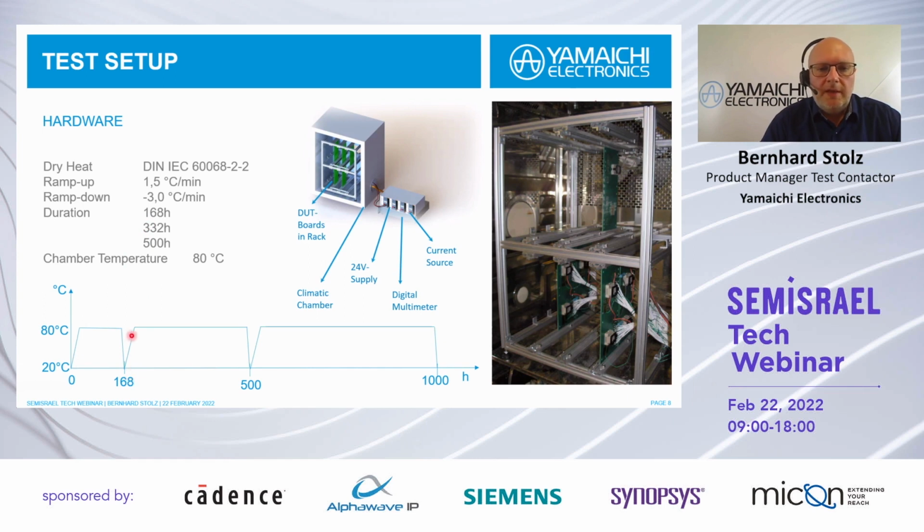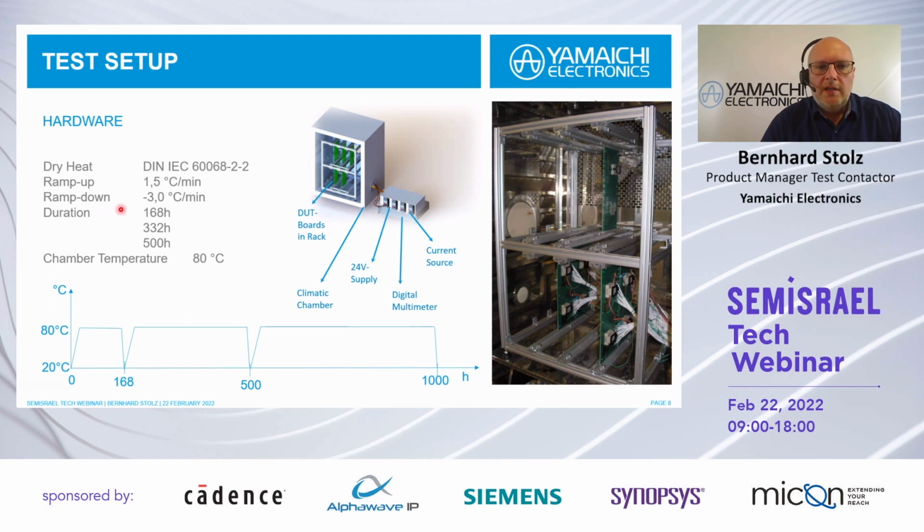Then we repeat this until 500 hours, and then the next period is until 1,000 hours. The temperature in the chamber is set to 80 degrees. This is mainly calculated, which I will explain later.